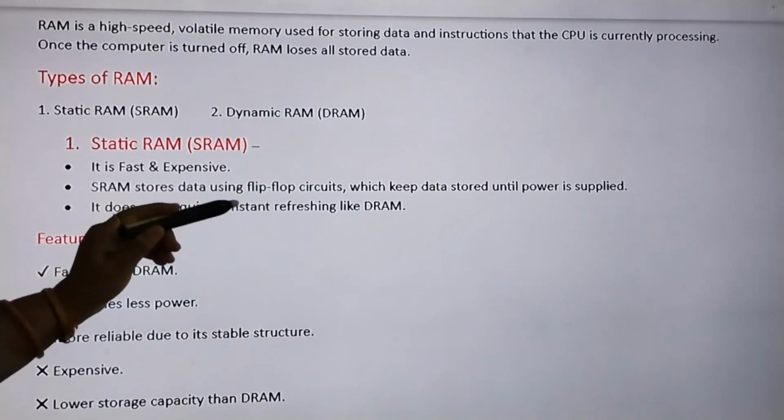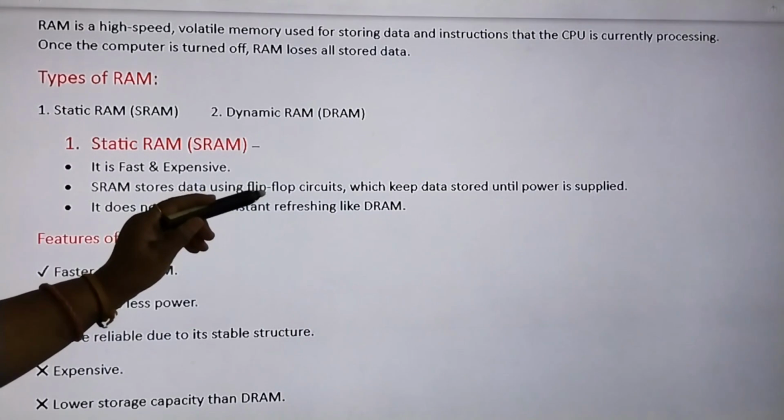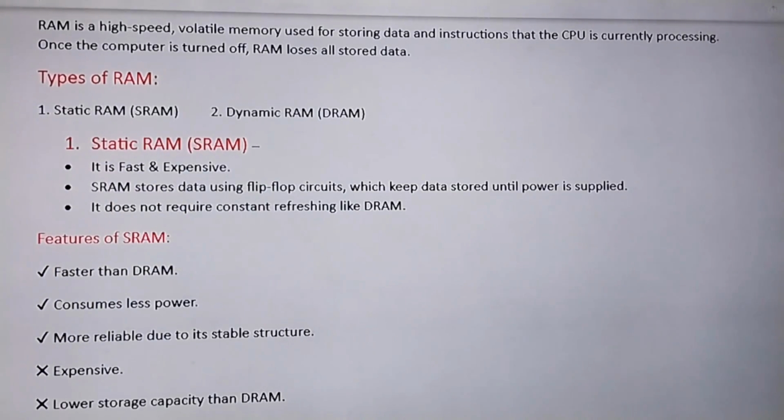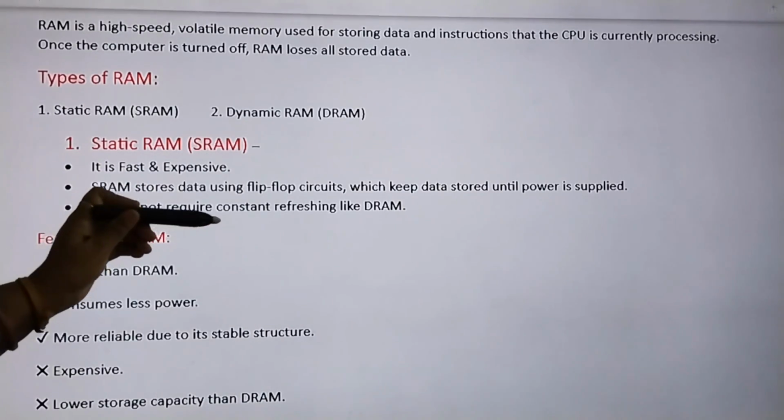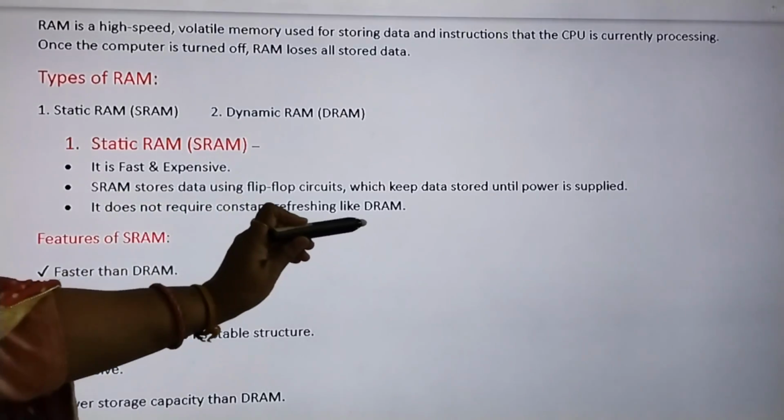In dynamic RAM, instead of flip-flops, capacitors are used, and they require constant refreshing. So again and again data needs to be refreshed in the case of dynamic RAM.